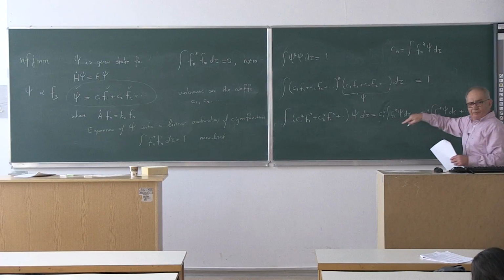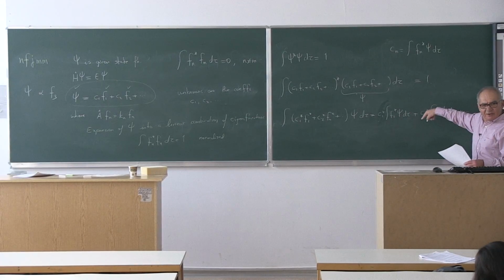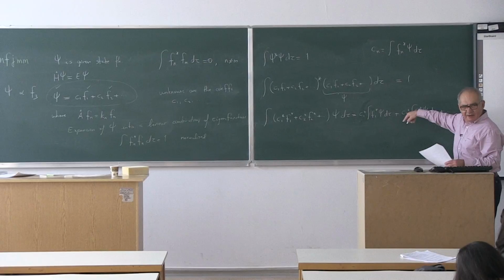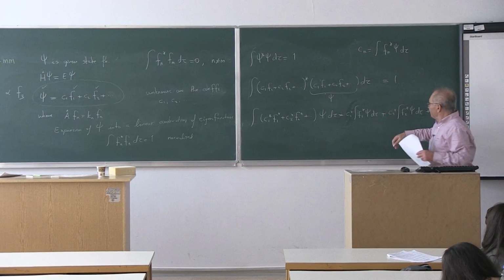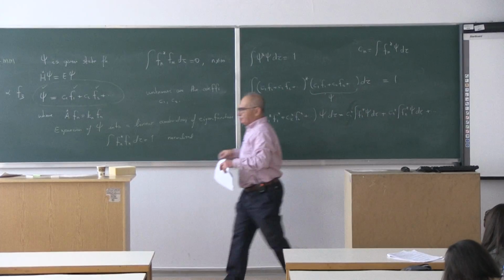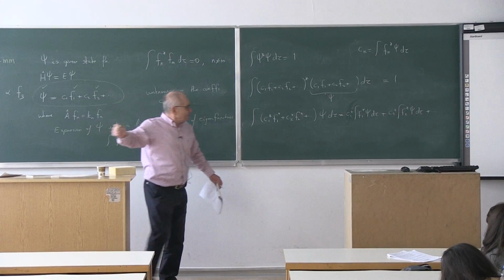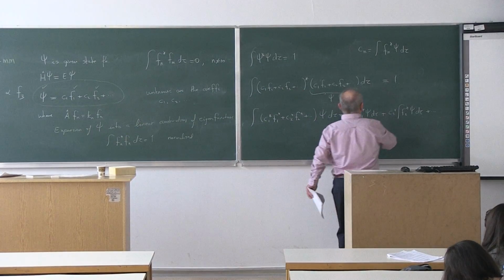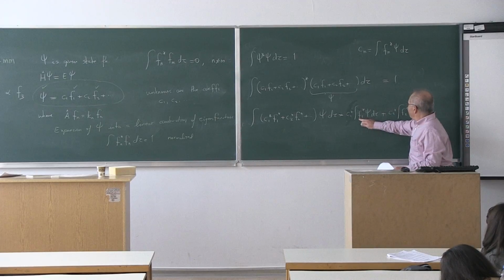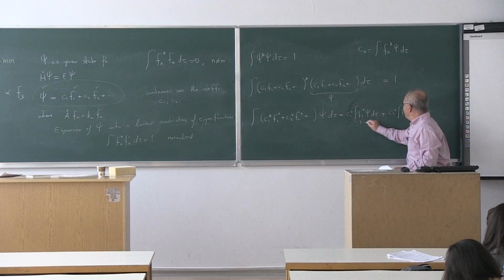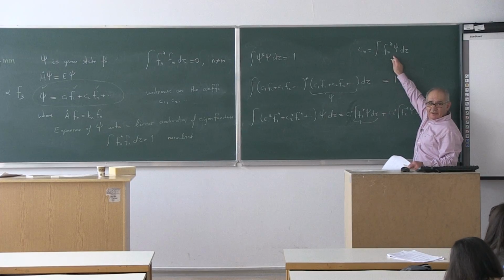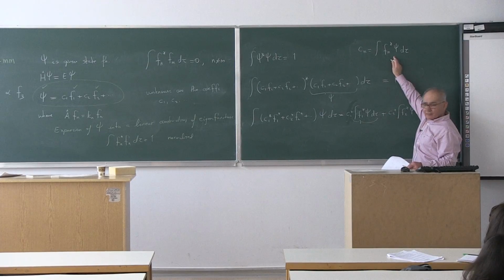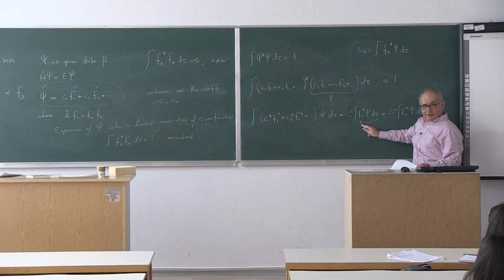How many such integrals are there? In general, infinitely many. But these integrals are not complicated. You see, the value of this integral here, look at the coefficient expression. So what can we write here?